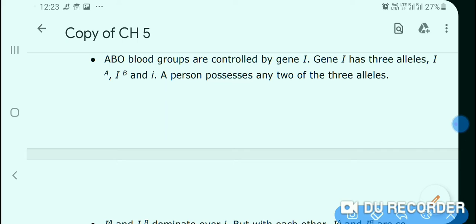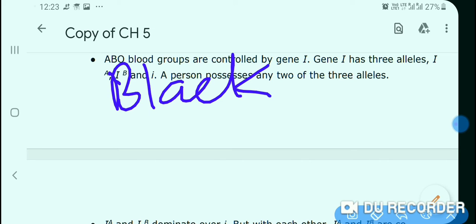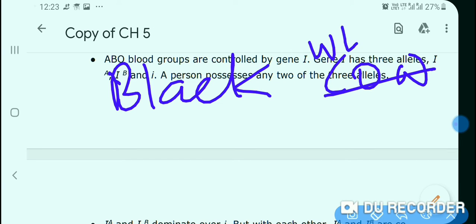If we allow a cross between a bull of black color and a cow of white color, this is black and this cow is white.